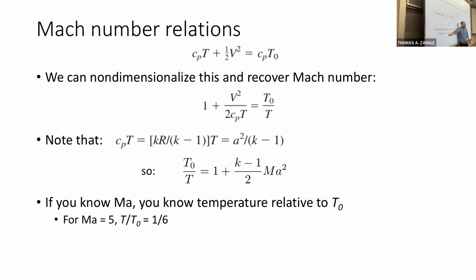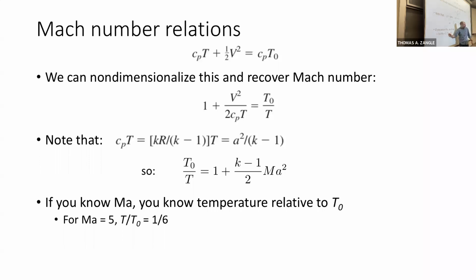The flow is not moving, so it's at some T naught temperature, let's say room temperature. Now I pass the gas from that cylinder through a network of valves and piping and tubing. If I know the Mach number at some point downstream, this tells me what the temperature at that point would be. Alternatively, if I knew the temperature, I could figure out the Mach number. Does that make sense?